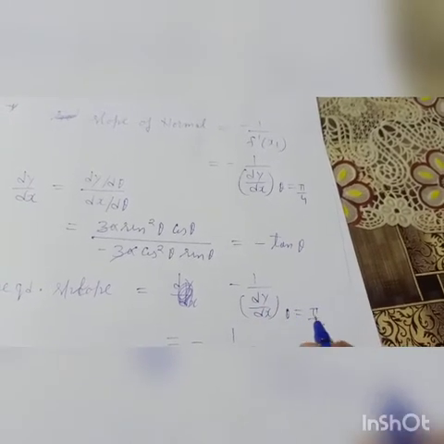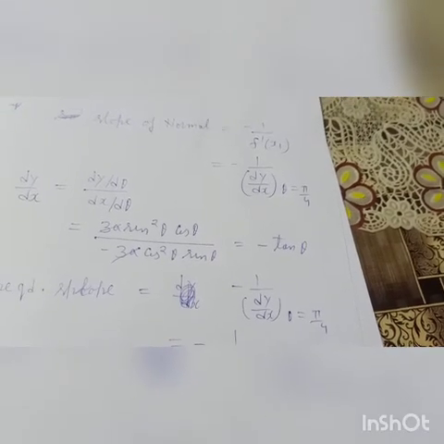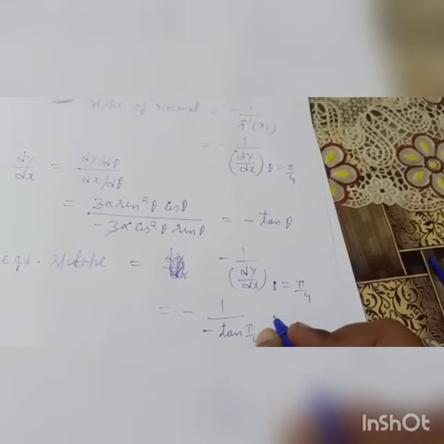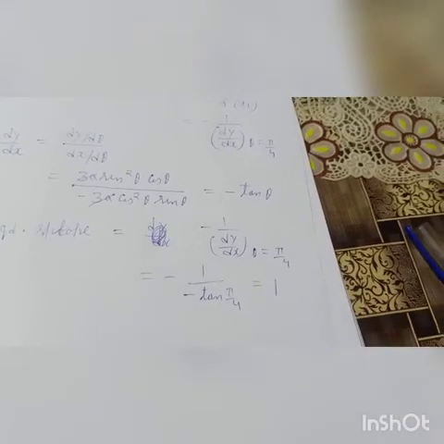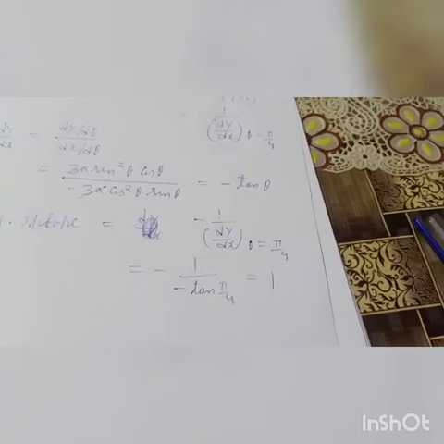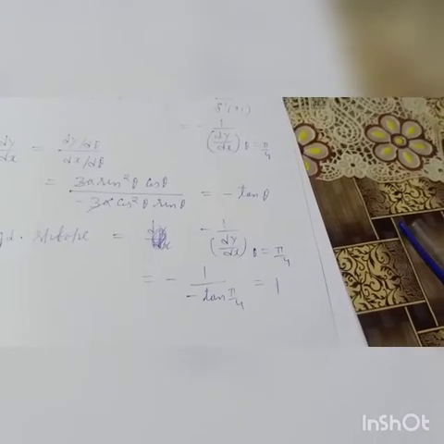So at theta equal to pi by 4, it becomes minus 1 by minus tan pi by 4, so it comes out as 1. So the slope of the normal is 1. So this completes the solution.